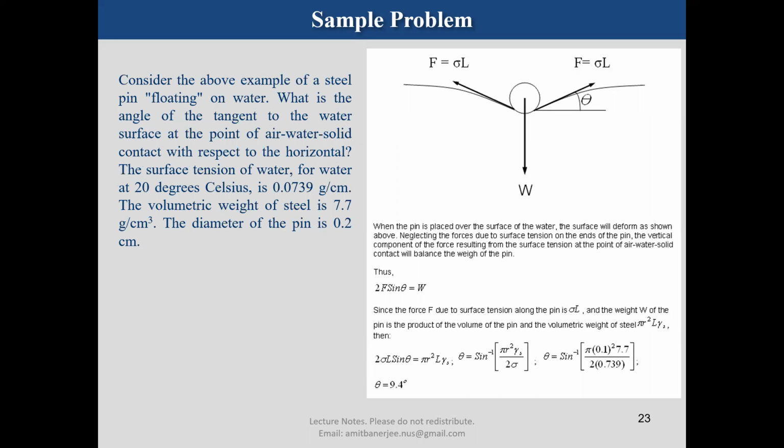The second question is, consider the example of a steel pin floating on water. What is the angle of the tangent to the water surface at the point of water-air-solid contact with respect to the horizontal? The surface tension is given.